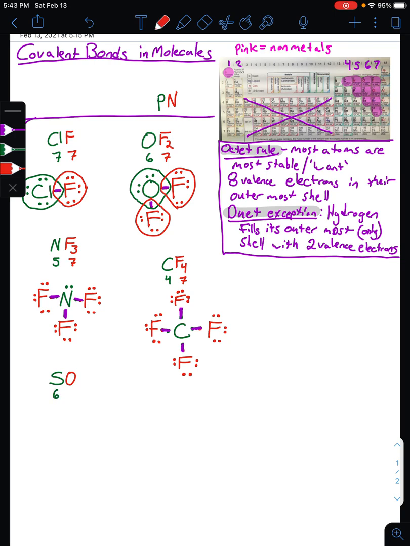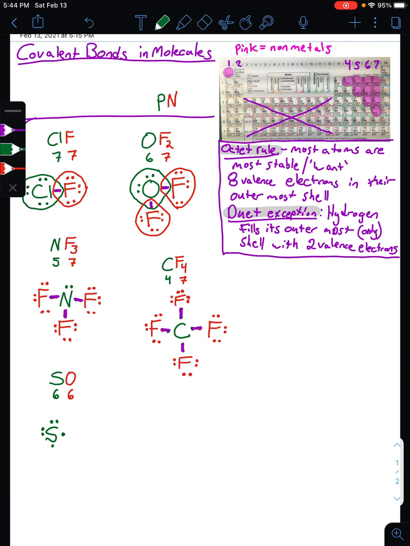Sulfur with 6, oxygen with, no, so used to saying 7, 6 valence electrons. Let's make a single covalent bond first, and we'll see, well, that's not going to work. Single covalent bonds have only allowed us to increase by 1 valence electron. If we do sulfur, 1, 2, 3, 4, 5, and 6.